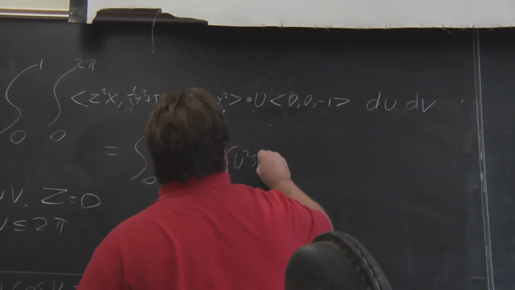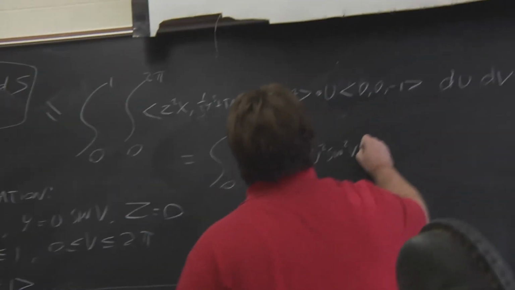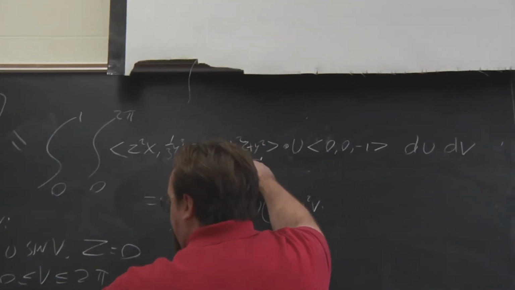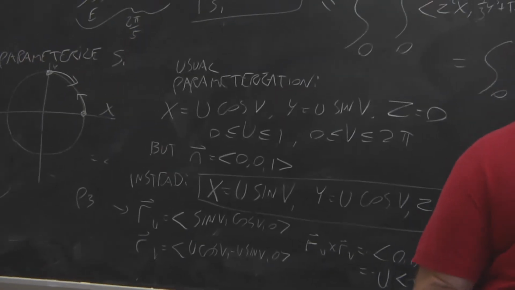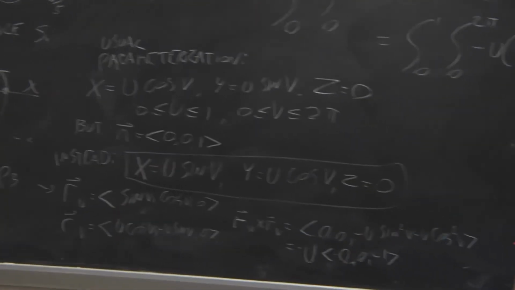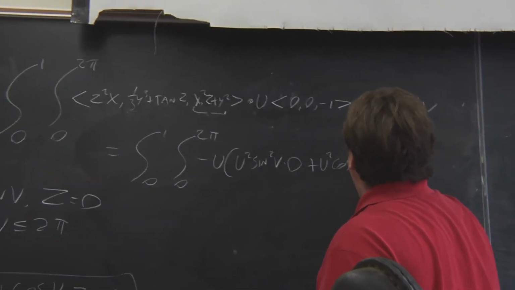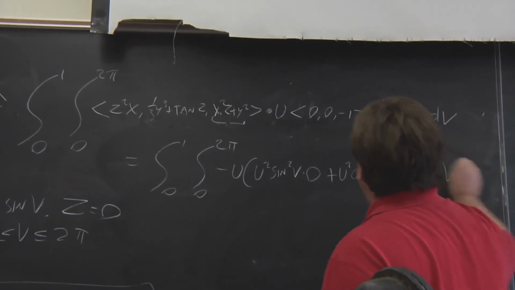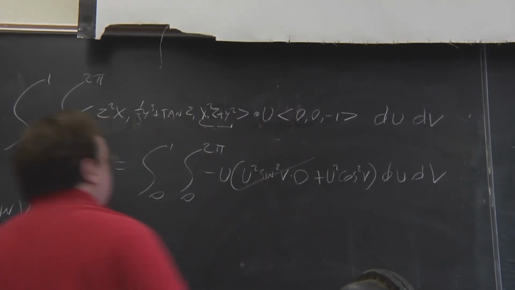So x squared, that's u squared sine squared v, times z, but z is 0. So that makes it even simpler, plus y squared, so that would be u squared cosine squared v, du dv. So that's gone.